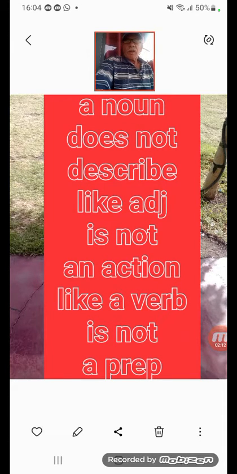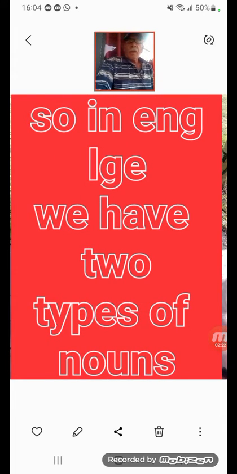Of course, it's not a preposition like on, at, in, of, for, and so on. So, in the English language, we have two types of nouns, as I said, namely countable and uncountable nouns.